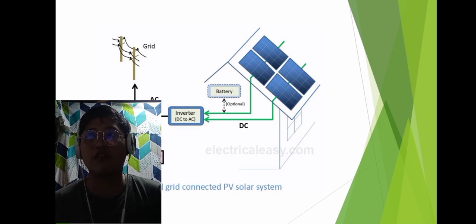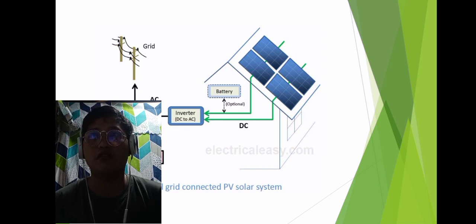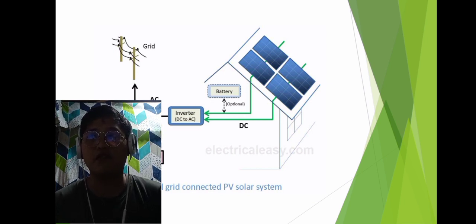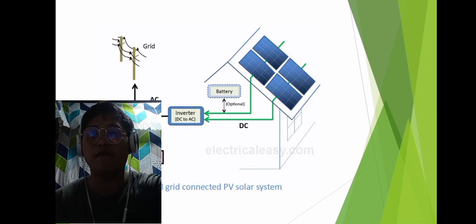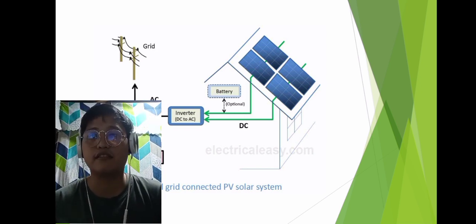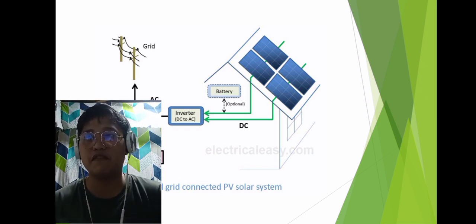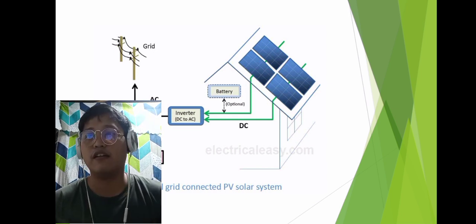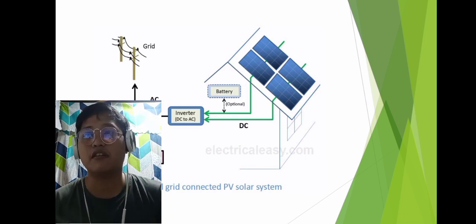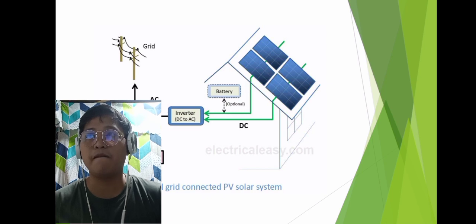There's also the grid above, which is required to have the meter and fuse box working. After the meter and fuse box, the power goes to our home appliances like light bulbs, TVs, refrigerators, etc. So this is the typical grid connected PV solar system.